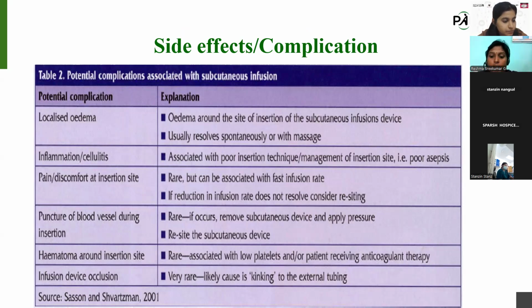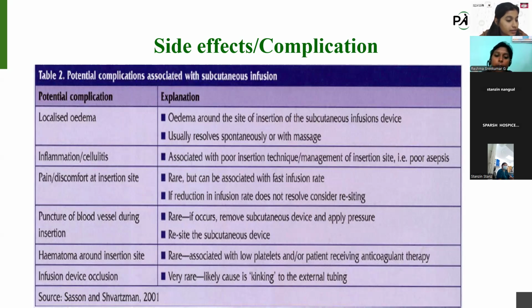The nurse should inspect the site every 4 hours for any tenderness or hardness at the site. If the patient has any tenderness or hardness at the site, they should check for that. Is there any presence of hematoma?